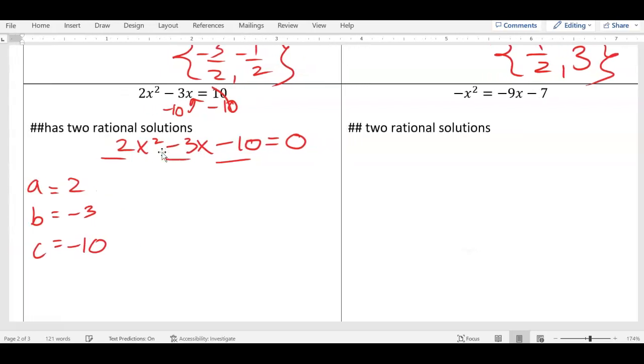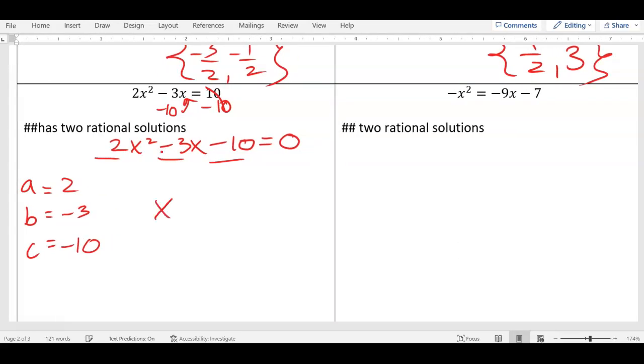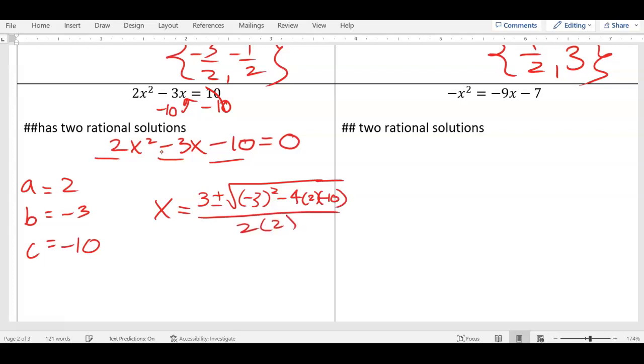So once again, x equals -b. The opposite of -3 is +3, plus or minus the square root. B squared, if it's -3, please put it in parentheses before you square it. -4 times 2 times -10 divided by 2a, 2 times 2.